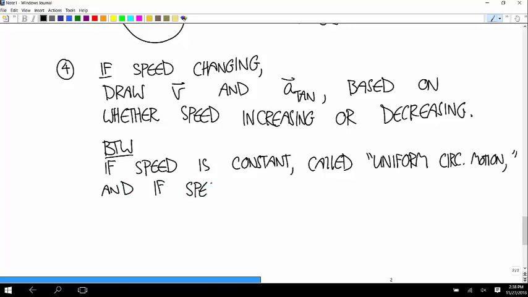And if the speed is changing, it's called non-uniform circular motion.